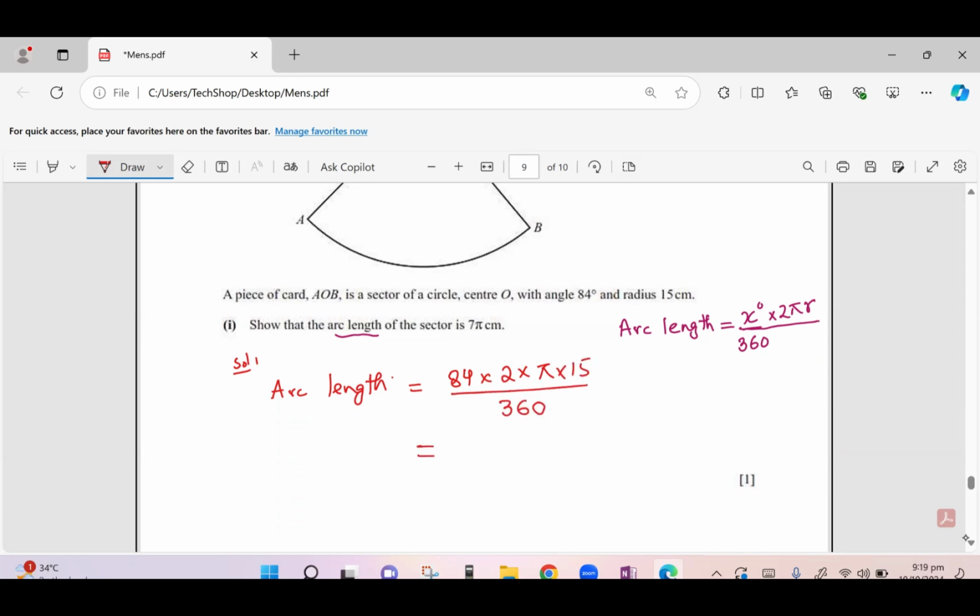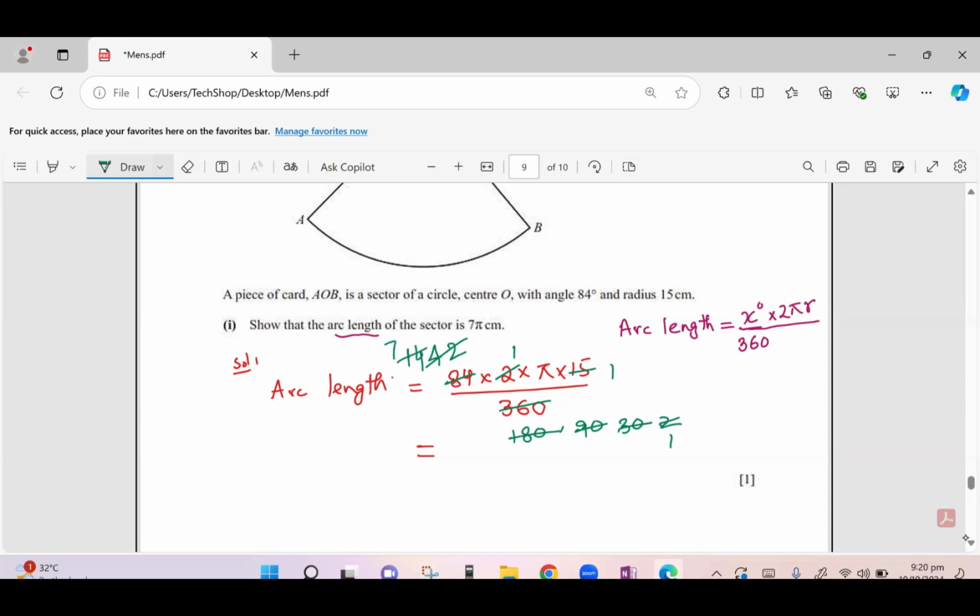Now start cancelling. 2 on the 2, and 2 times 180 is 360. Now for the 15 and 84, you can cancel using the 3 times table, so it is better to try 3. 3 nines are 27, 3 fours are 12, so 84 becomes 28 and 15 becomes 5. Cancelling further, 84 becomes 14 and 15 goes into 30. 2 on the 2, and 2 sevens are 14.